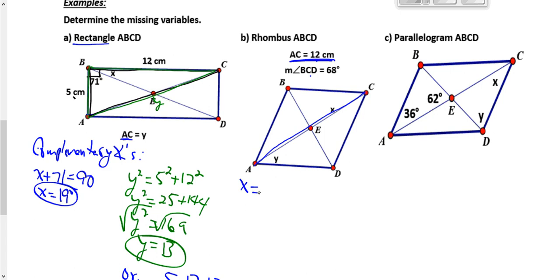Go with the parallelogram. Diagonals bisect each other, right? So X equals half of 12, which equals 6, okay? Remember, it has the properties of everything that came before it too.